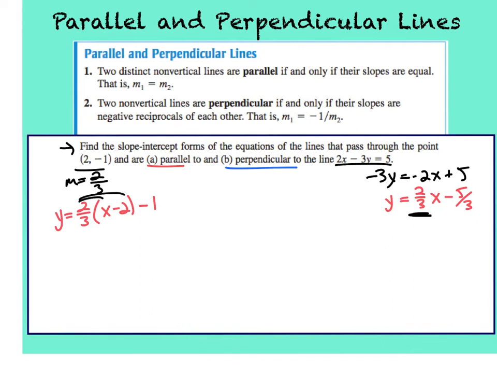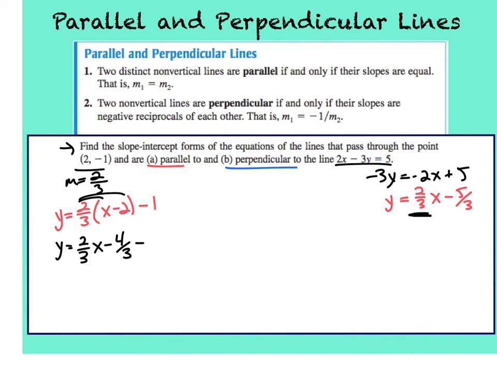So we're going to distribute. So now we end up having y equals 2/3 x. And then minus what? What's 2/3 times -2? -4/3. Now, what do I want to think of this 1 as? I need to add fractions together. I need common denominators.